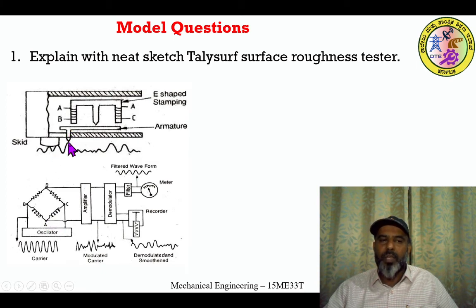The movement of the stylus causes variation in the air gap on the right side and the left side, and the current flowing through the coils is amplified and converted into a modulated carrier by means of an amplifier.